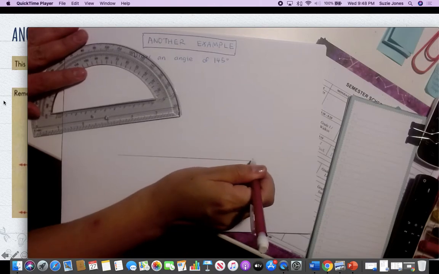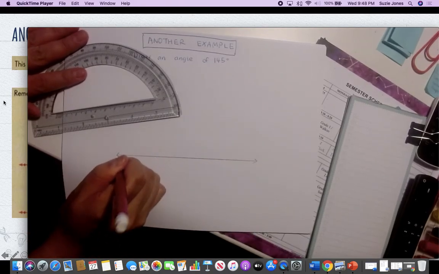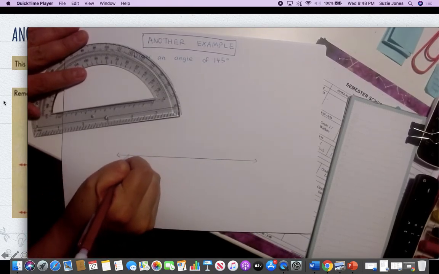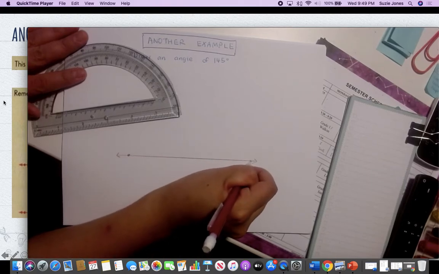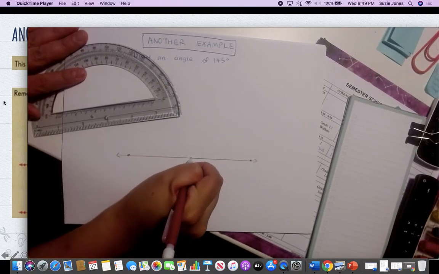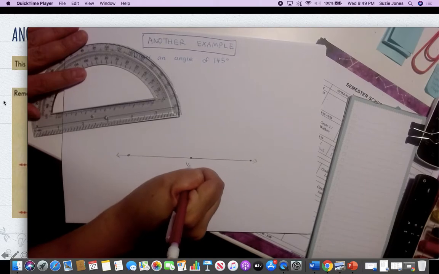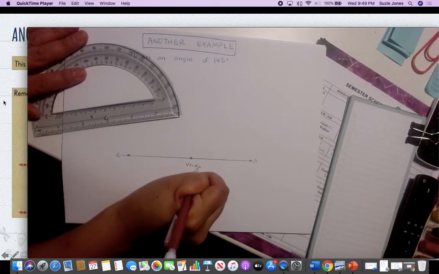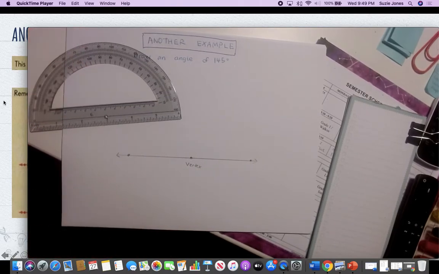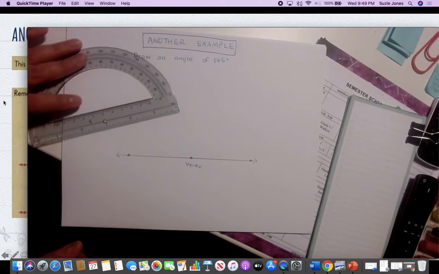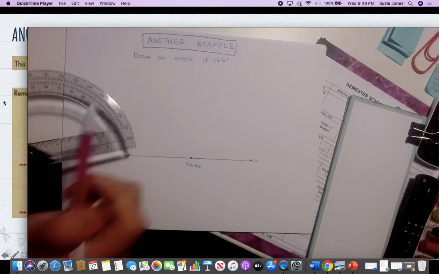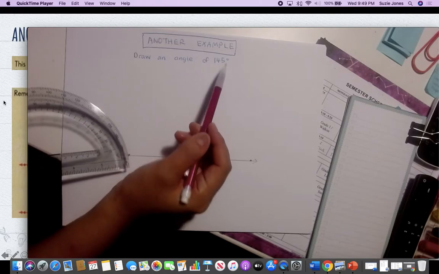And a line has 2 arrows here because it goes on forever. And then here are some points on my line, and here's my vertex, which will be in the middle of my line, okay? So now I'm going to draw an angle that's 145 degrees.